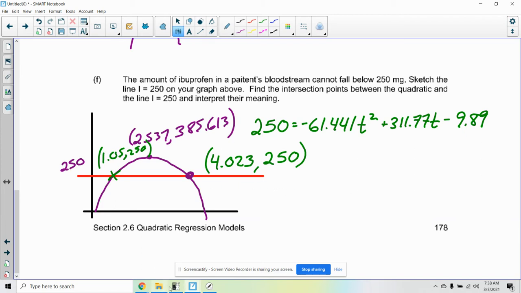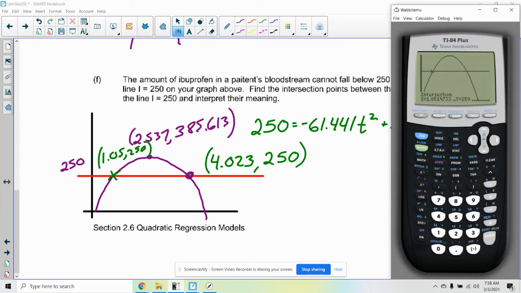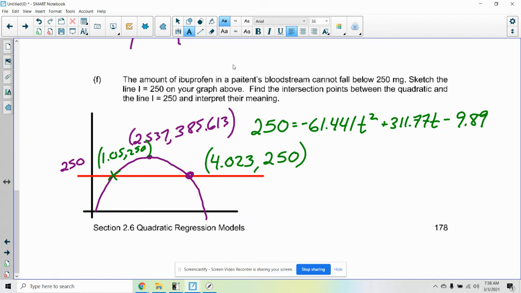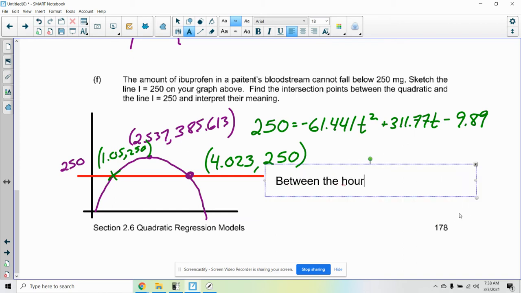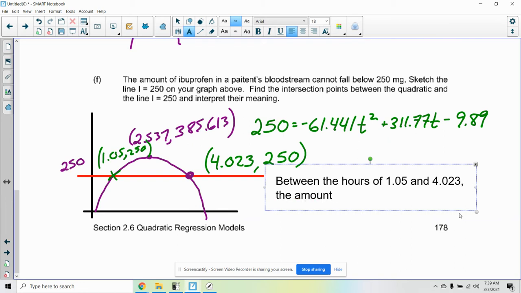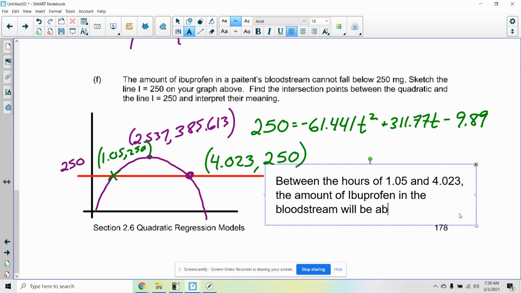What does that mean? It doesn't mean much, but technically, I guess what he wants us to say is between the hours of 1.05 and 4.023, the amount of ibuprofen in the bloodstream will be above 250 milligrams.